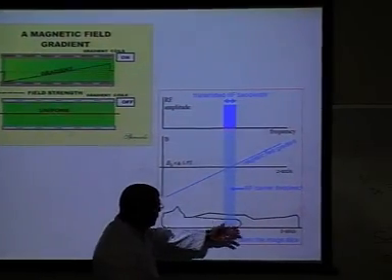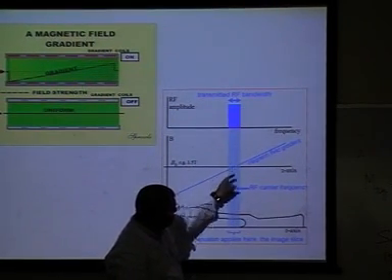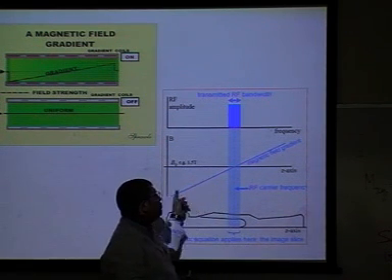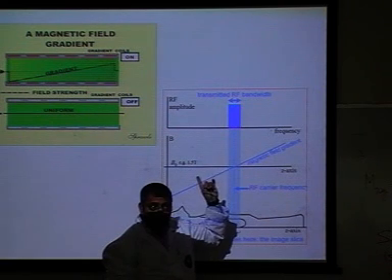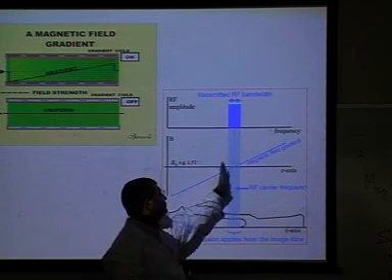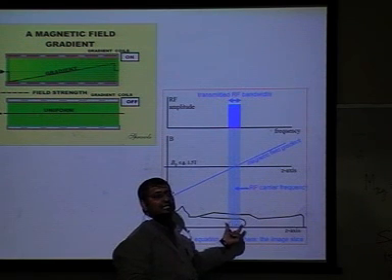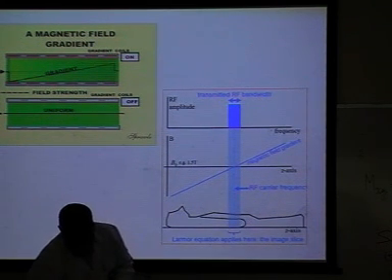And this is my patient here. If I set my RF here, I'm going to look at this region only, because anywhere else it will not be at resonance. Outside of this region, the protons will not be resonating. They will not be excited. So this way, I will only look at this region.